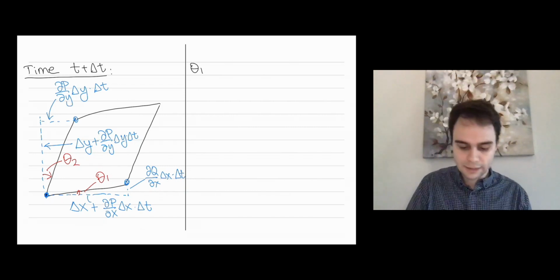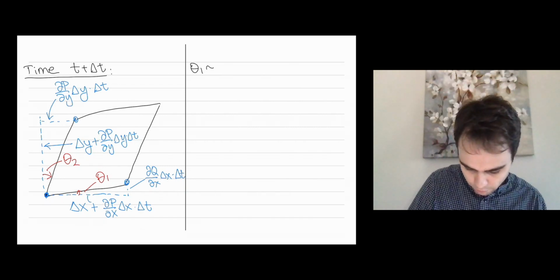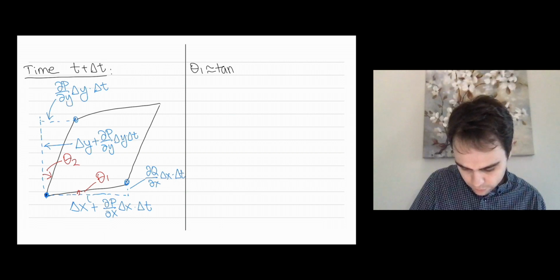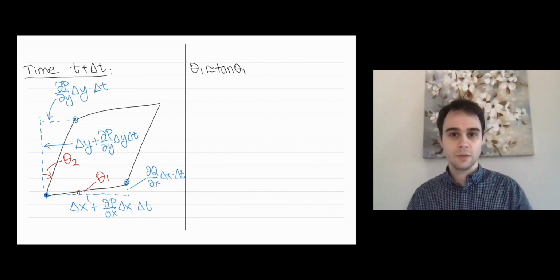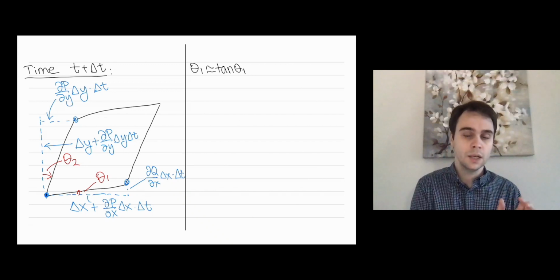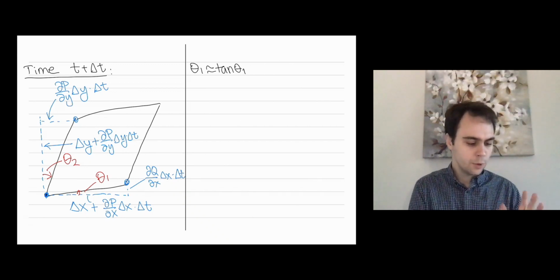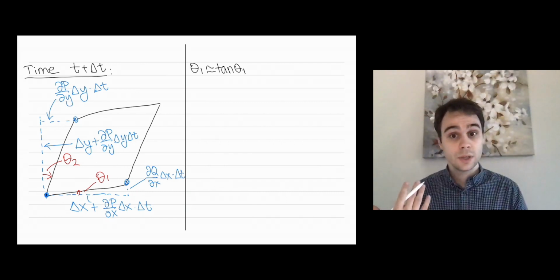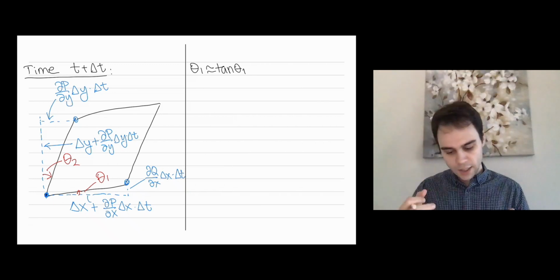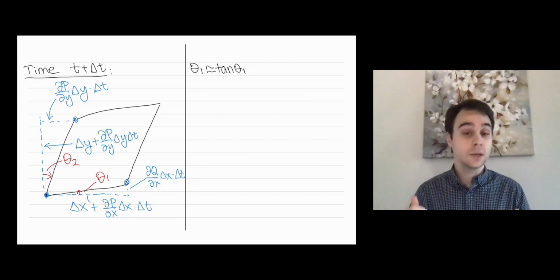You're probably used to the approximation that for small angles, theta is approximately equal to its sine. It's also approximately equal to its tangent, because tangent is sine over cosine, and the cosine of a small angle is approximately 1.